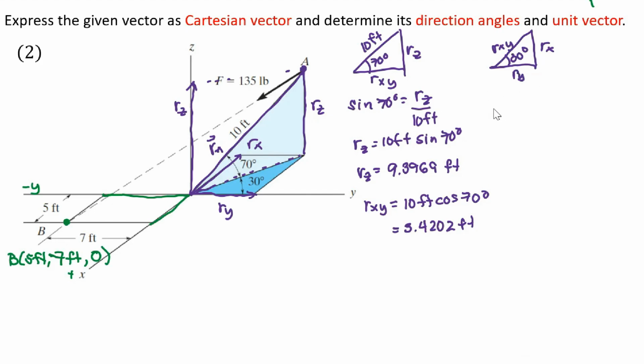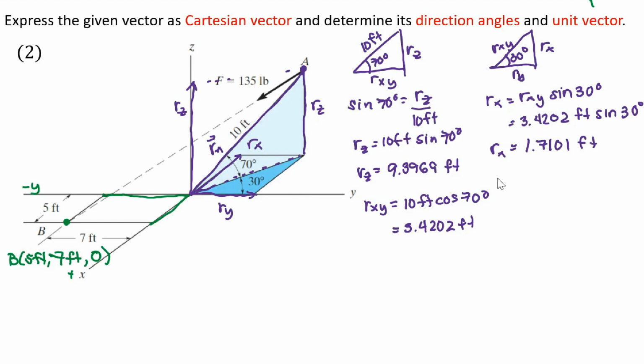So to find Rx, Rx is the opposite, so that will be Rxy sine 30 degrees. Rxy is 3.4202 feet, times sine 30 degrees. So Rx is equal to 1.7101 feet.